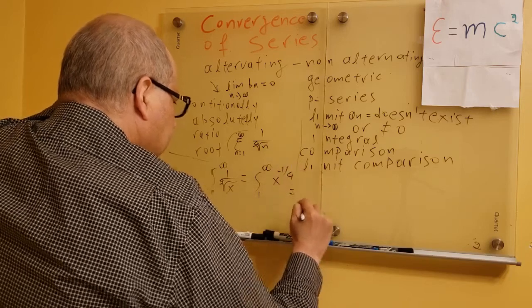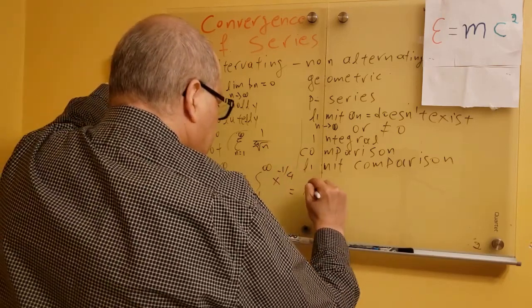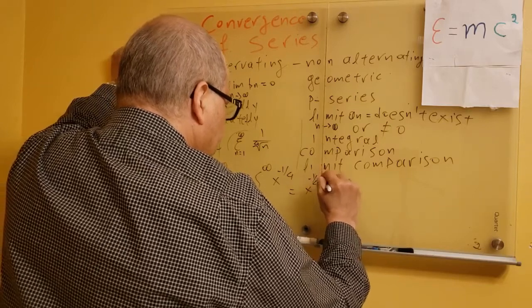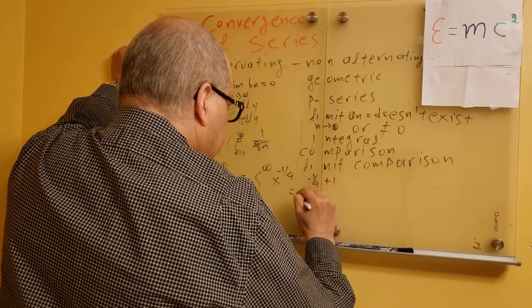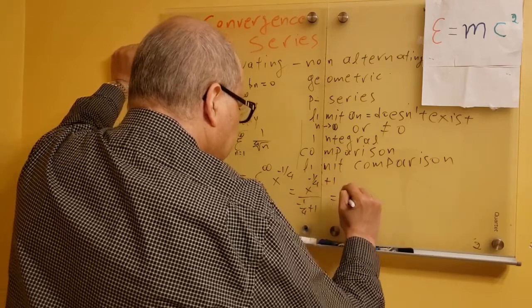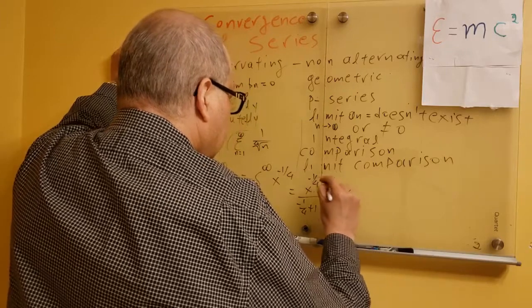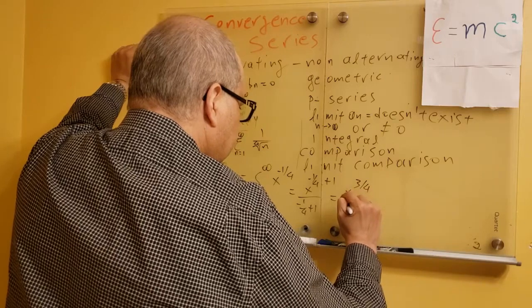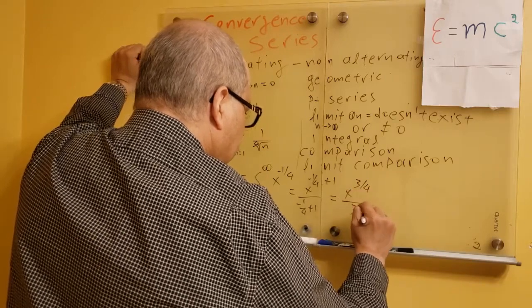So the integral of this is x to the minus 1/4 plus 1 over minus 1/4 plus 1. So this will be x to the 3/4 over 3/4.